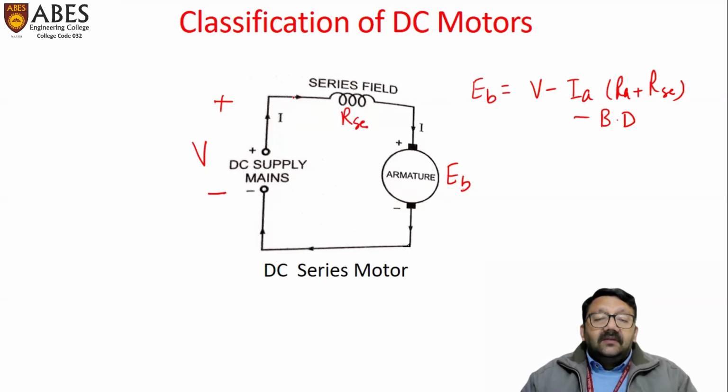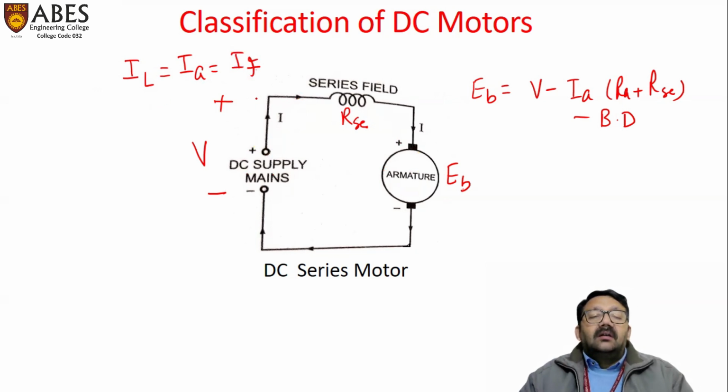One more thing: in a series motor, as the supply line, series field winding, and armature circuit are all in series, the line current is equal to the armature current, and it is also equal to the field current. So in a series motor, all three currents are the same.